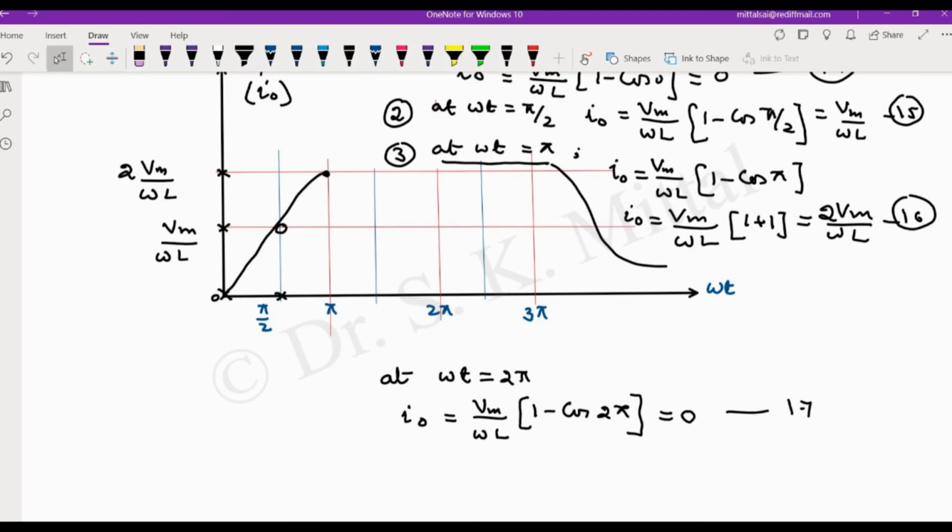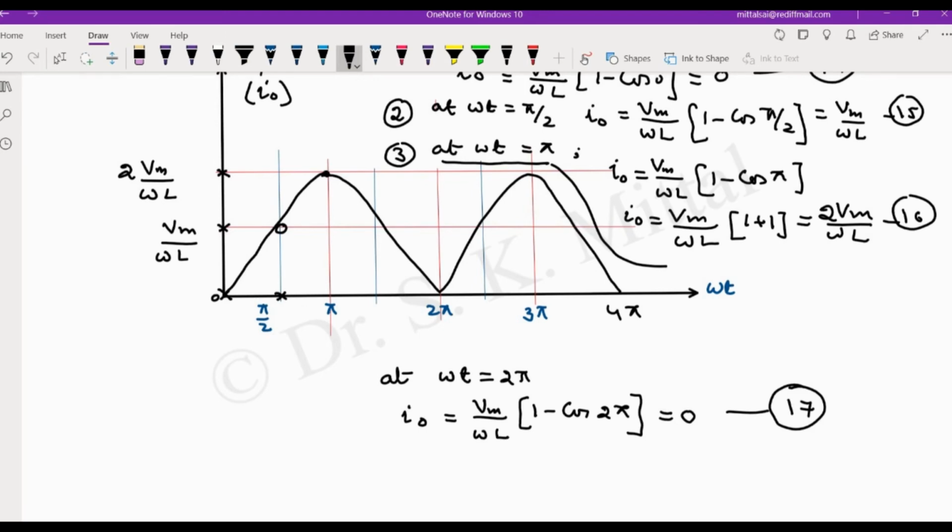So at omega t is equal to 2 pi, we will get the value of 0. And in this way, this waveform will be repeated if we calculate the further cycles.